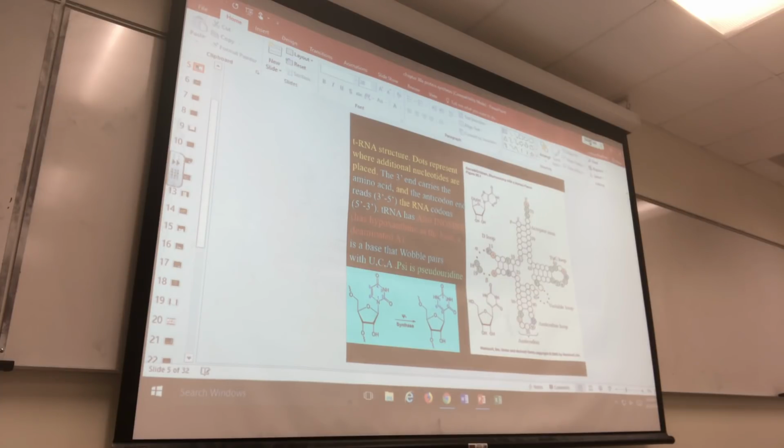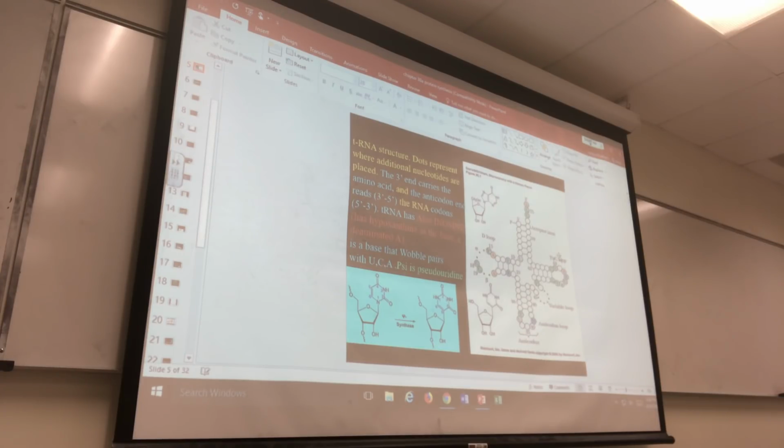And down here you have a region called the anticodon, which we'll see in translation is very important, because this anticodon is going to associate with the codons in mRNA in order for ribosomes to understand what amino acids it needs to put together.